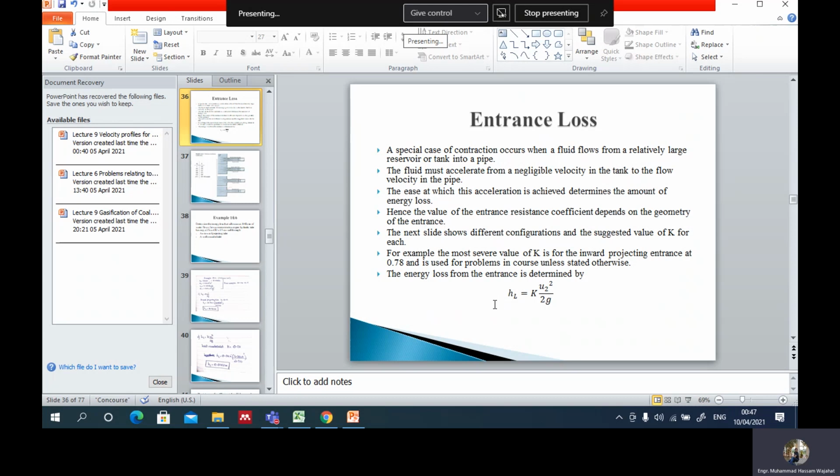In the case of entrance loss, or contraction, it is always from a larger pipe to a small pipe or the reservoir to a small pipe. So you will still consider the small pipe. What I mean is that in this particular portion, the velocity of the small pipe is what is calculated.